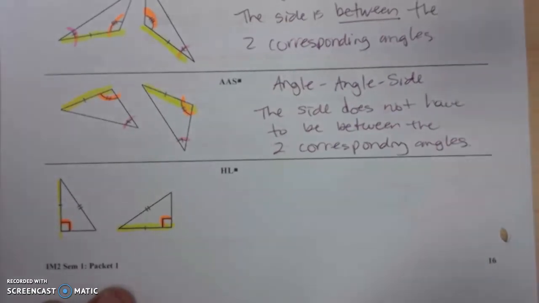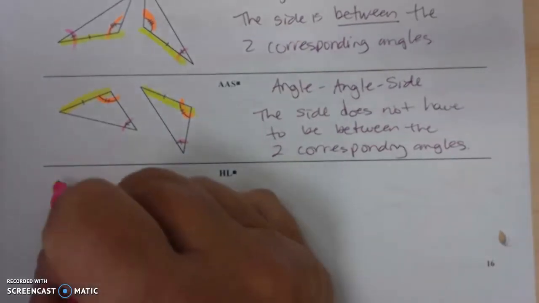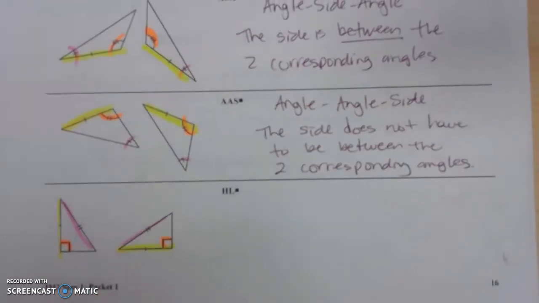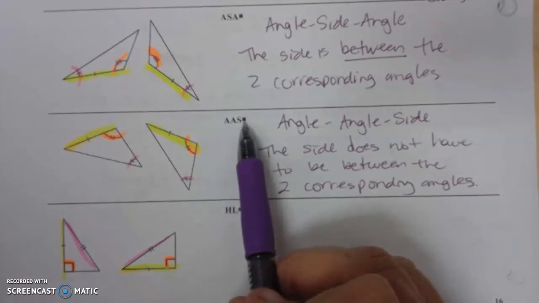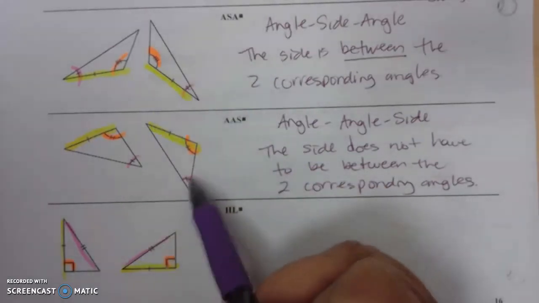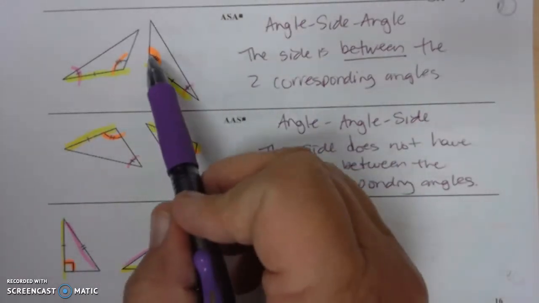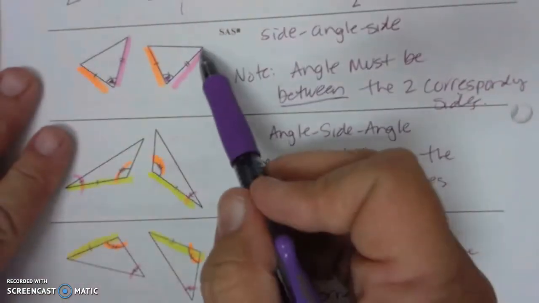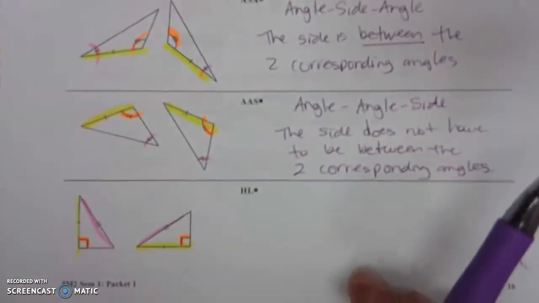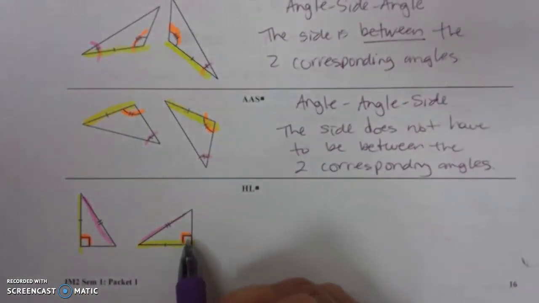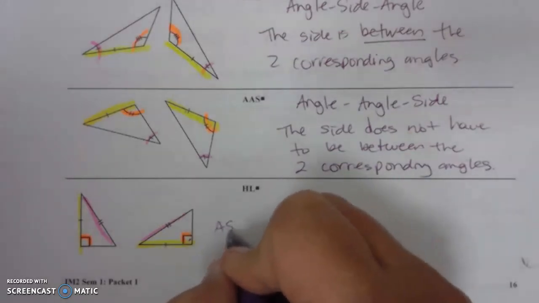And in this one, let's go back and just talk about the others, see how we have AAS, right? And I can go angle, angle, side, or angle, side, angle, or side, angle, side. Okay. If I were to walk around and do this one, I would say angle, side, side.